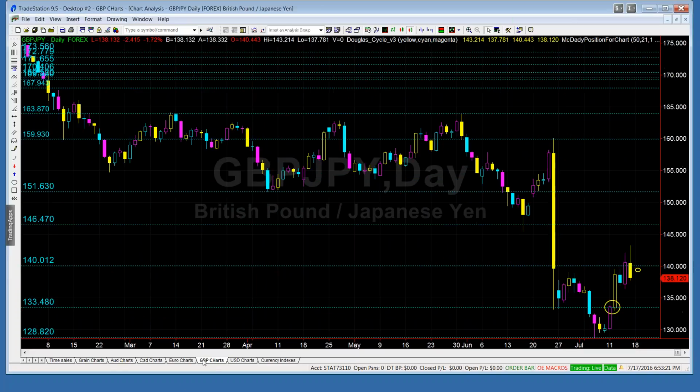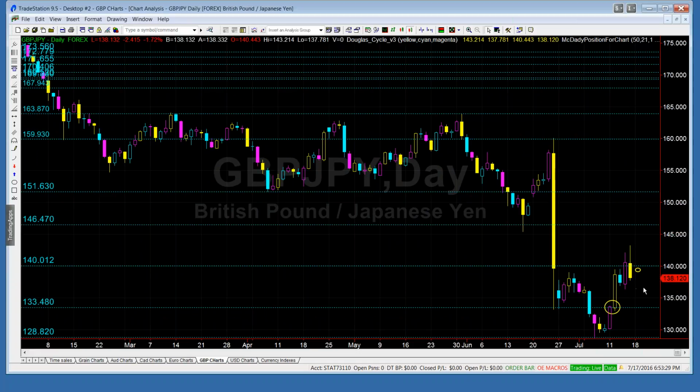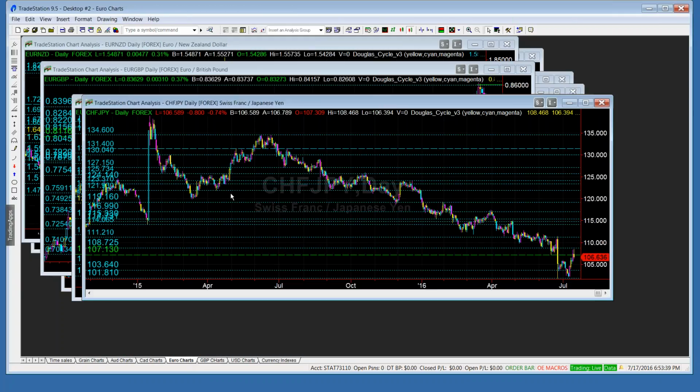The same thing with the pound yen, as you can see. If it gets below the low of the day, the 137.78, we're going to sell it. If it gets above the 140.01, we're going to buy it. And the euro, the same story.